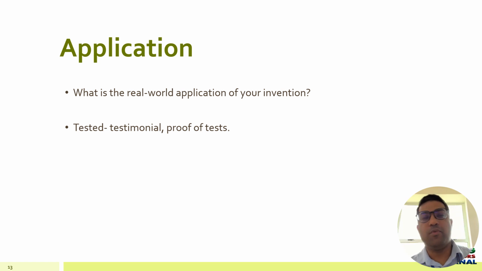Maybe you can provide testimonials of the people that you have tested with, or you can provide proof of test, right? How you have tested this and everything. So basically in this part you have to explain the application of your invention, the real world application, right? Not the theoretical part, but the real world application.